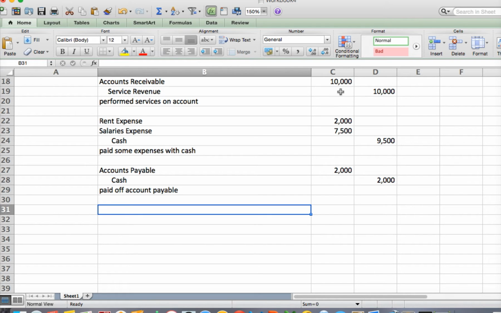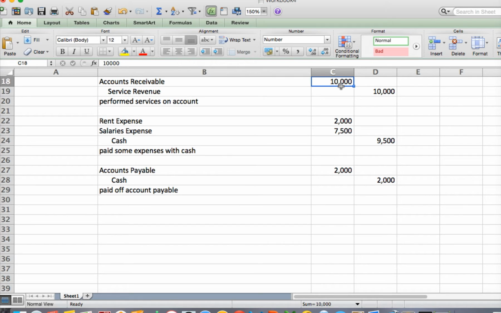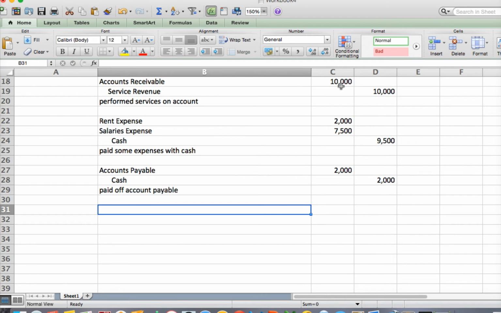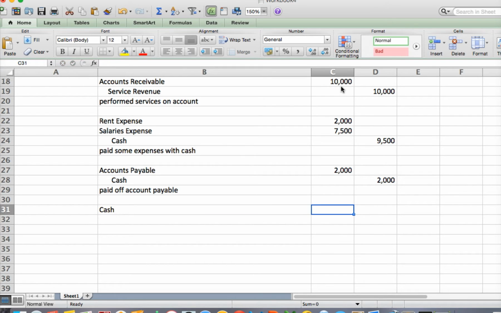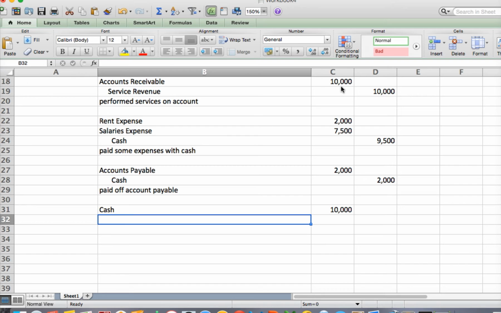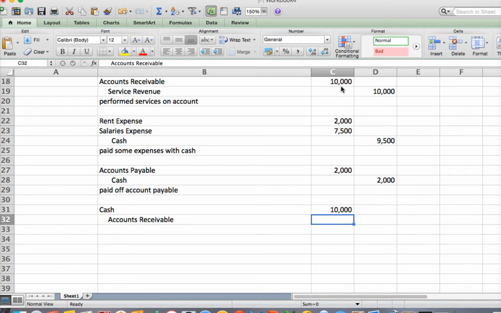Now, this accounts receivable up here that we had, we're going to say that we collected on that. So the customer from that journal entry has decided to pay off their account. So they're going to pay us in cash. They're going to pay the full amount. So cash goes up by $10,000. We want to show that we no longer are owed money by this company.